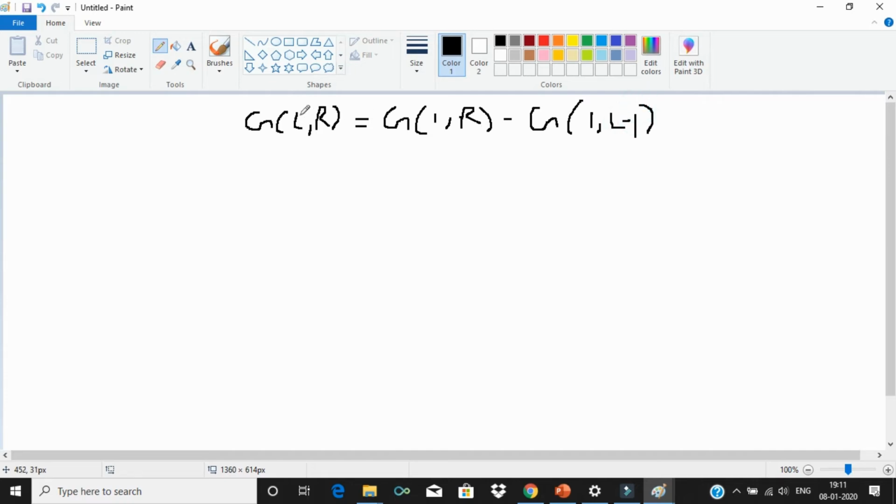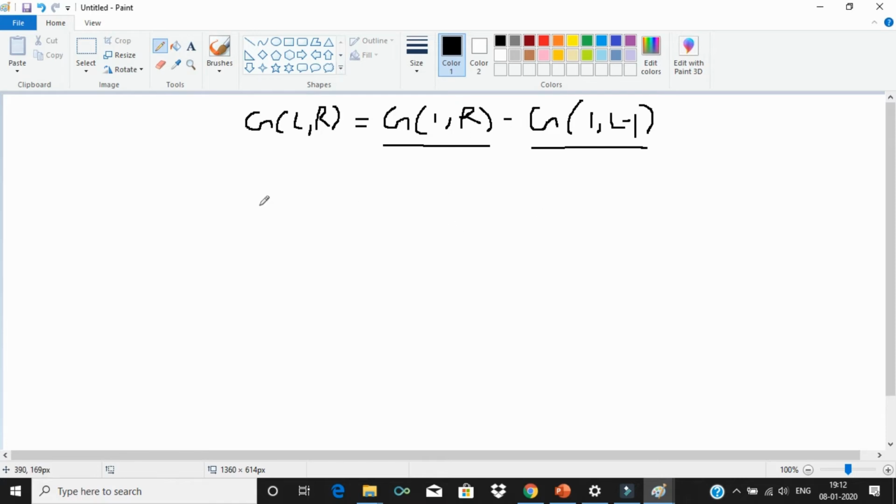Because g(l, r) simply represents the sum of the values of b for n being equal to l plus 1 up to r. So this is simply the sum of all values for n being 1 to r, and we subtract those that are not required, that is from 1 to l minus 1. So now the problem is simplified to computing g from 1 to any number x.